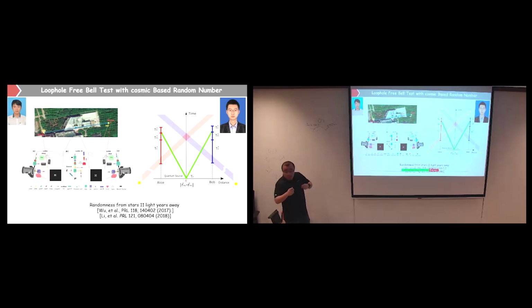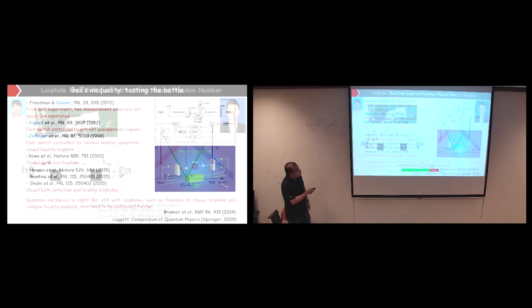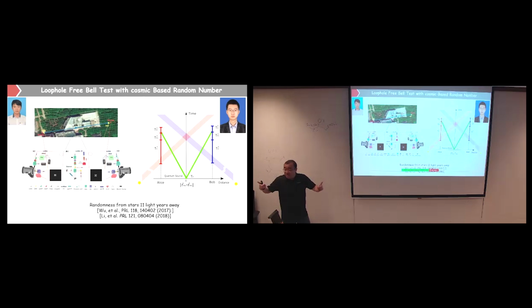If these stars had some conspiracy, meaning they wanted to make the Bell inequality not work, these two stars would need to have made a deal 11 years ago. So if we can have a big telescope and get light from some star 10 billion years away, because at 10 billion years there is still some light, then you can make sure that if they want to violate the Bell inequality, they would have needed a conspiracy 10 billion years ago. So in that sense, we believe this one may work. That's the whole story, but this is fun.